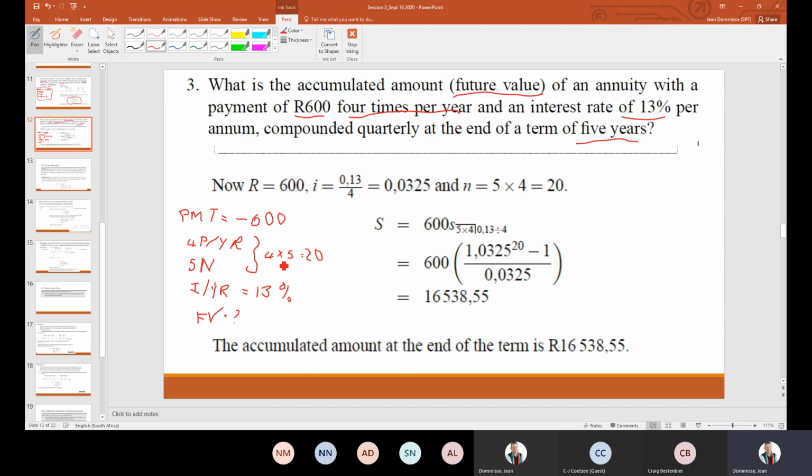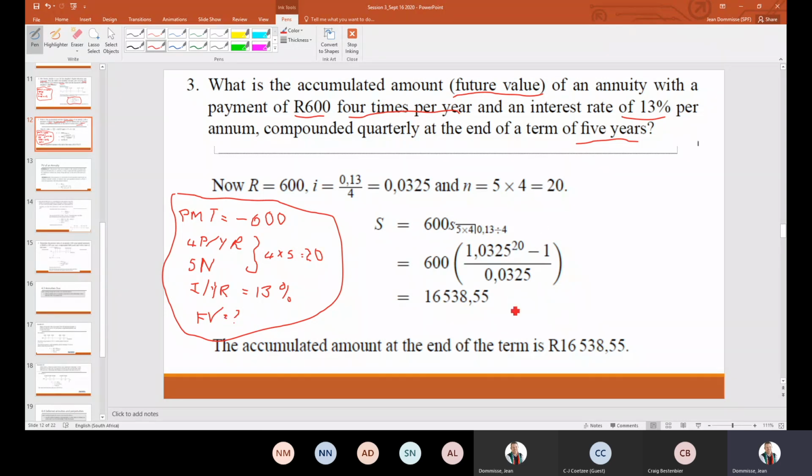So my total number of periods will be 20, 13% interest rate, and my future value will be 16,538.5463, which will round off to that same amount. So once again, no problem in doing it this way, but I think the calculator is a bit easier.